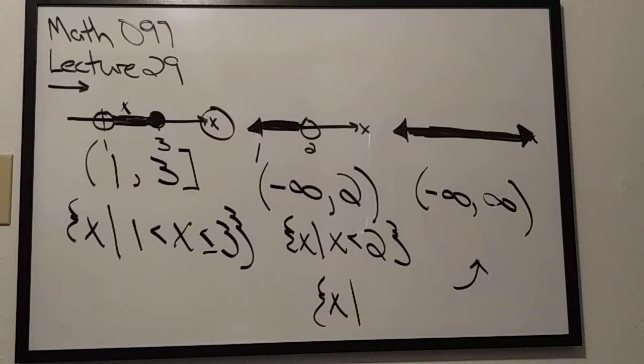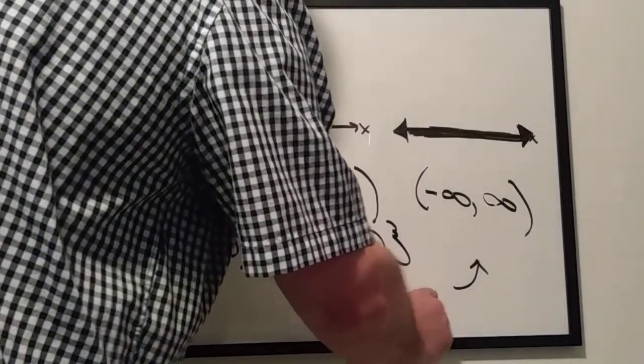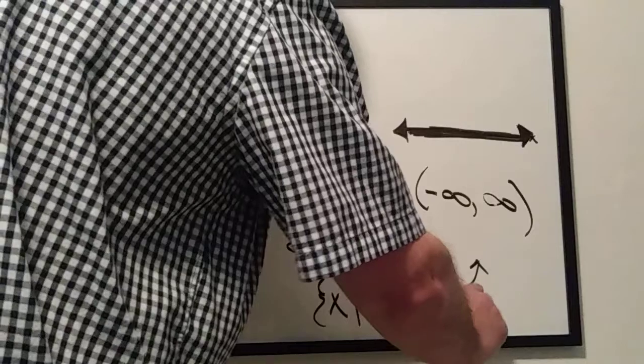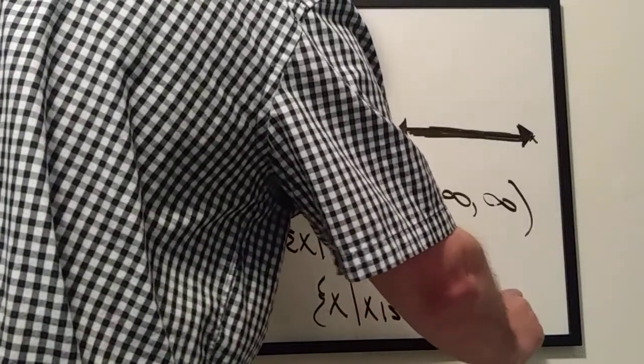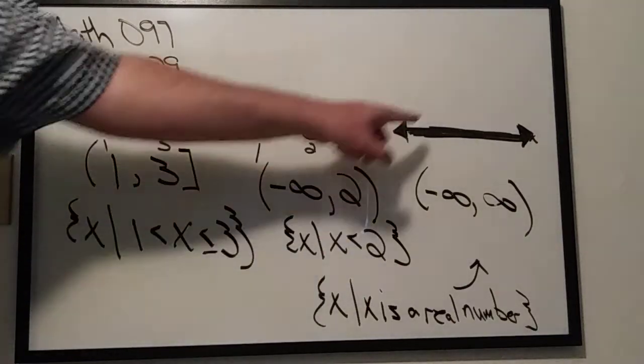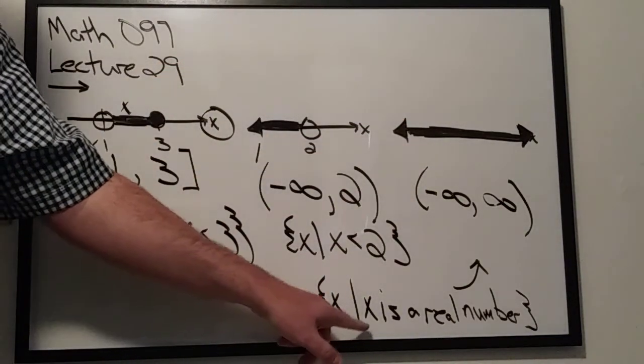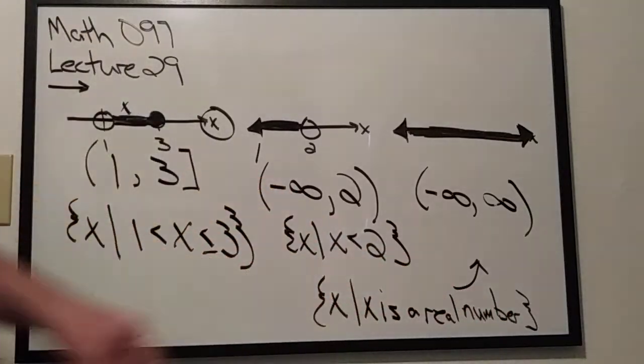In general, in set builder notation, you don't use infinities. So we're going to have to use words. And the words we can say is x is a real number. So the set builder notation to describe everybody on the number line being colored in is the set of all x values such that, and then we have to write it in words. X is a real number.